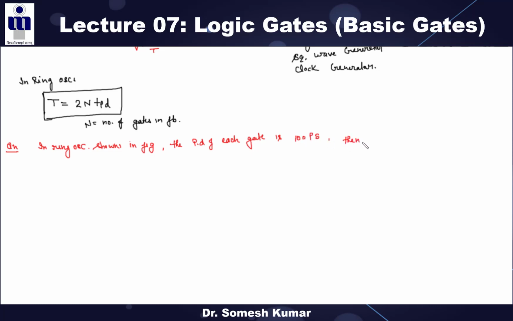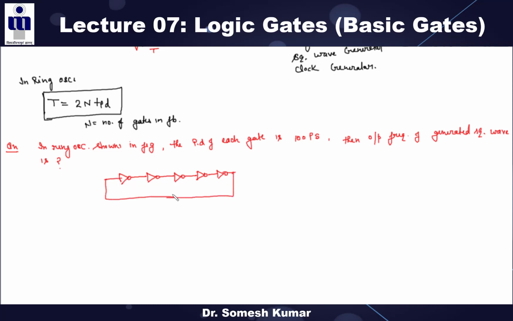Then you have to find the output frequency of the generated square wave. One ring oscillator is shown in this figure. This is your ring oscillator. You have to find the frequency of the output square wave.